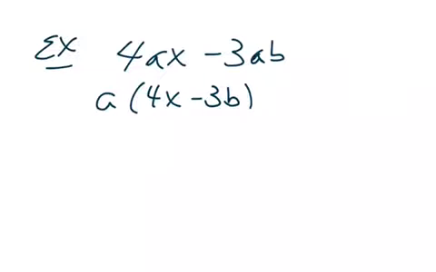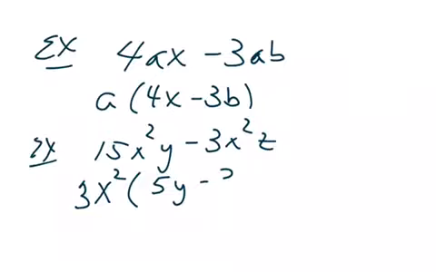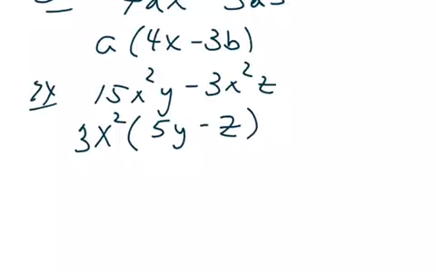True? If I have 15x squared y minus 3x squared z, remember, we always look for that GCF. GCF is a 3x squared, and then you're left with a 5y minus a z.